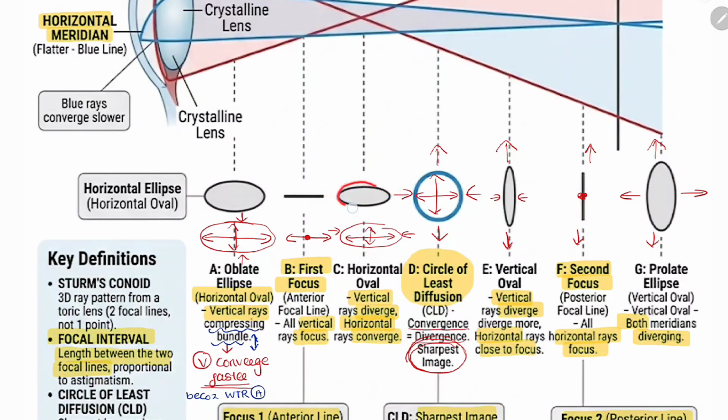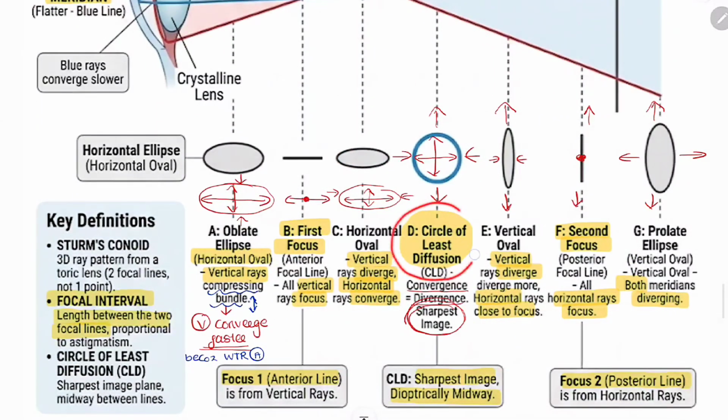So that is why a horizontal oval is seen again. And next one is the circle of least diffusion, where the vertical rays are diverging and the horizontal rays are converging, but the horizontal convergence and vertical divergence are equal. So, convergence is equal to divergence, and this is the point where we get the sharpest image.